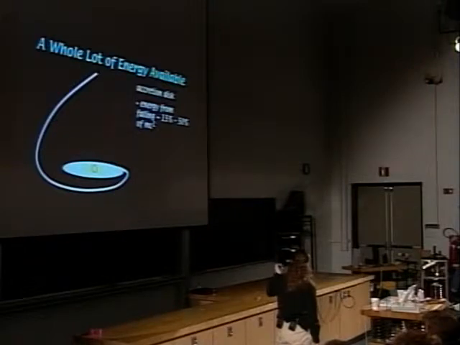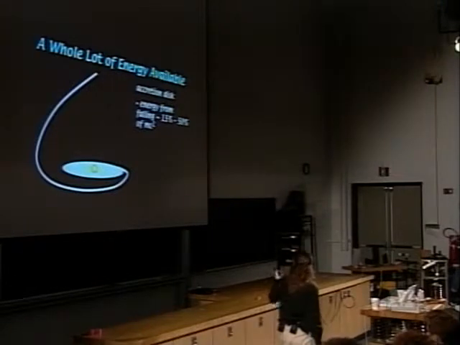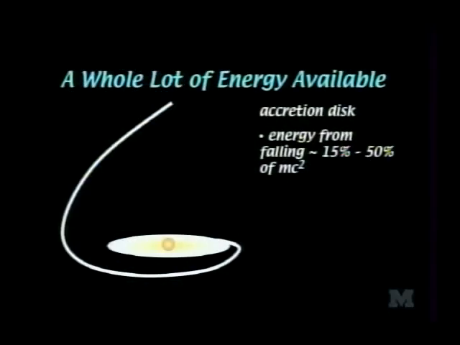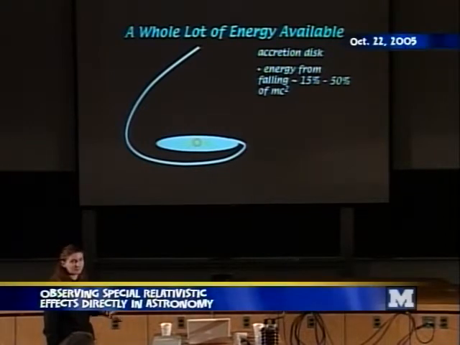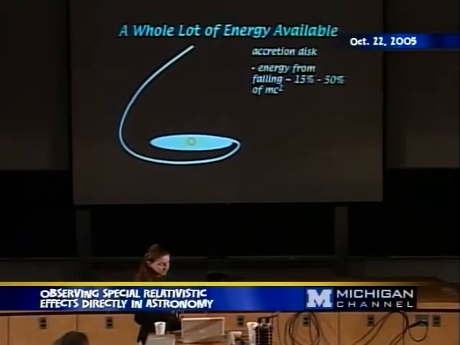Einstein's theory of special relativity has as a result that the energy in an object goes as something like mc squared. And that is just from your own material. That's a huge reservoir of energy. The energy you get from falling is actually comparable to that amount of energy if you're falling onto a black hole. Something like 1/6 to 1/2 of that energy is available from falling.